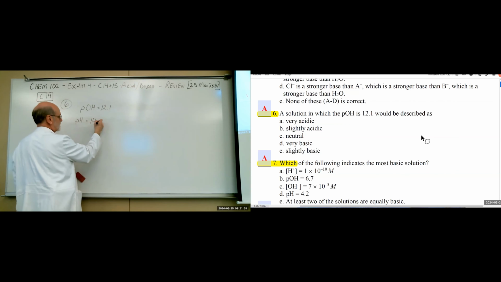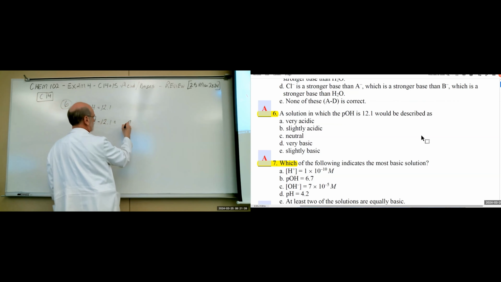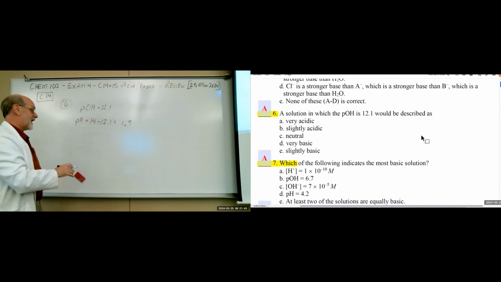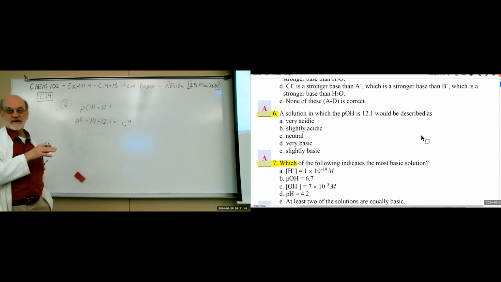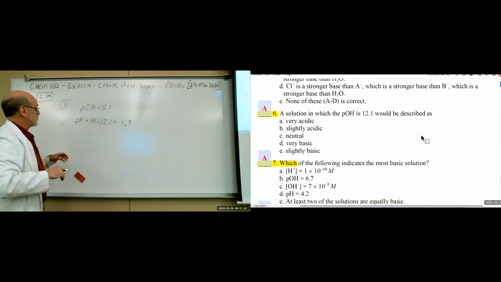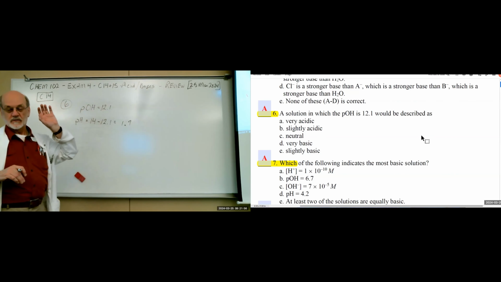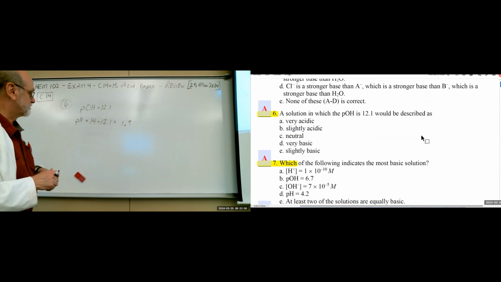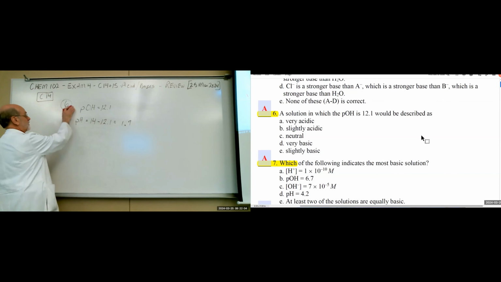Just subtract it from 14. That's 9 there and 1 there, right? So now we know that very, very low pH values are very acidic. But if you have an intuition about pOHs, you know that very large pOHs would also be very acidic. Okay? Two ways to approach that problem.